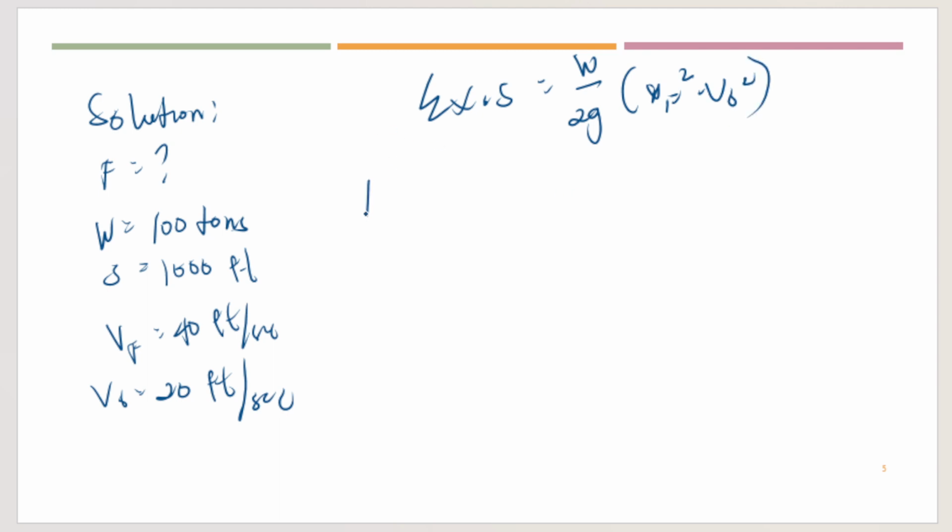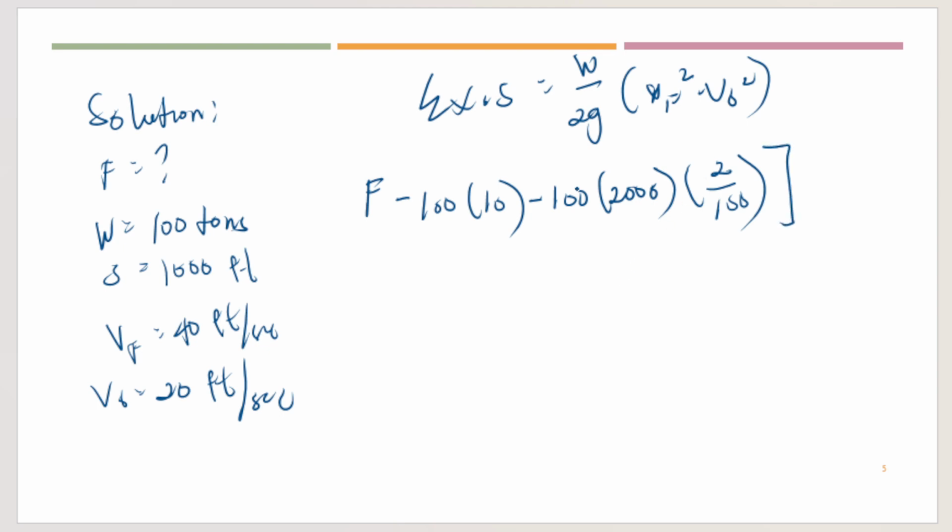So that is F minus 100 times 10, minus 100 times 2,000, times our slope of 2 over 100 because the grade is 2%. And this will be multiplied by 1,000 feet of displacement. Equal to 100 times 2,000.